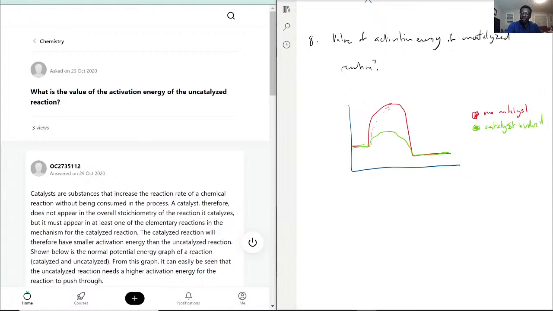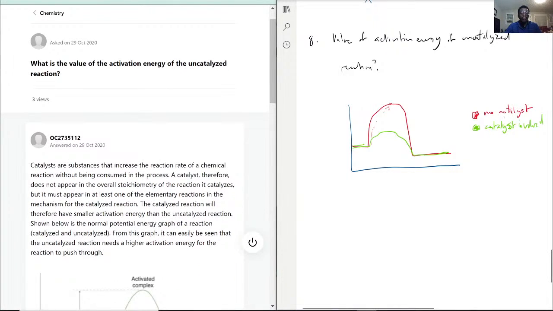So that would be how you would answer this question, because there is no value per se, because each reaction has different activation energy. You just know that it would be more than if a catalyst was involved. There would be more energy needed when there's no catalyst involved than when there is a catalyst involved.